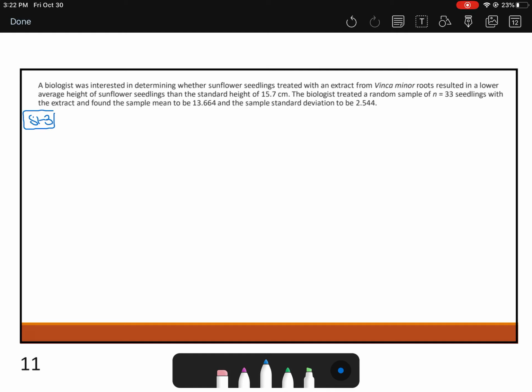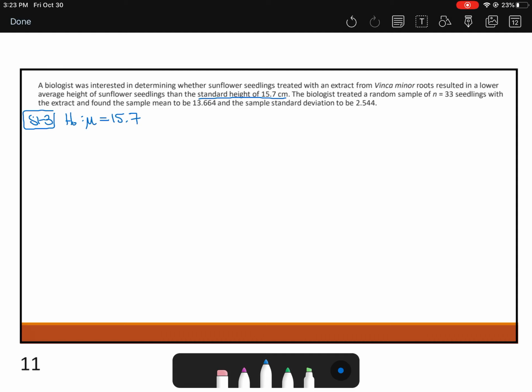Okay, so we're going to kind of write it out the same way. So you have steps 1 through 3. That's where we're going to do the null and the alternative hypothesis. So my null, that's your H sub 0. So I have mu. So my mu, remember, that's going to be what is accepted. Okay, so what's accepted is it has a standard height of 15.7.